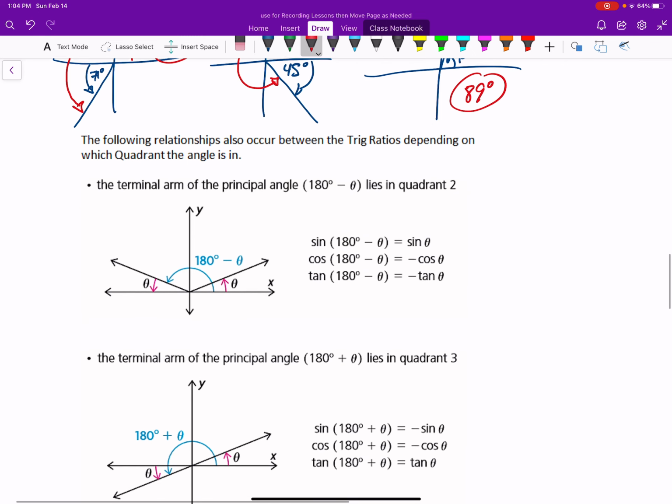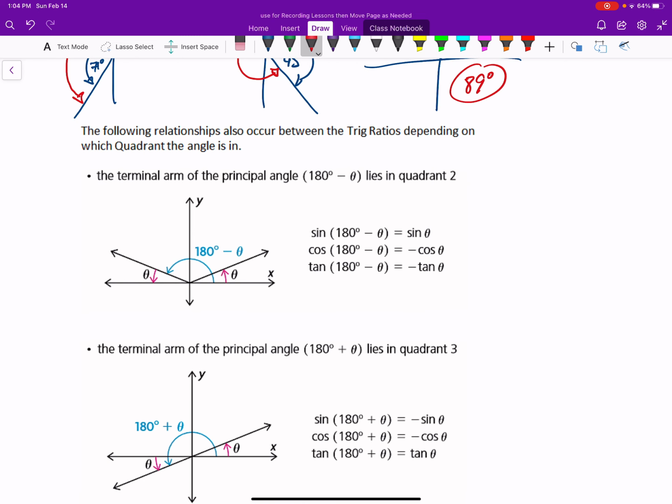The following relationships also occur between trig ratios depending on which quadrant the angle is in. So the terminal arm of the principal angle, if it lies in quadrant 2, is 180 minus theta, and sine 180 minus theta equals sine theta. So what are we trying to say here?